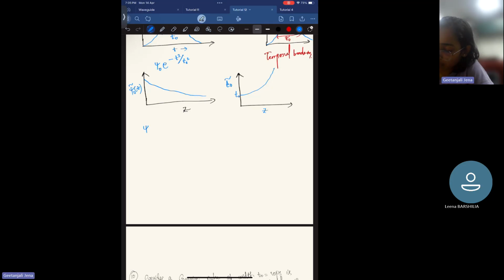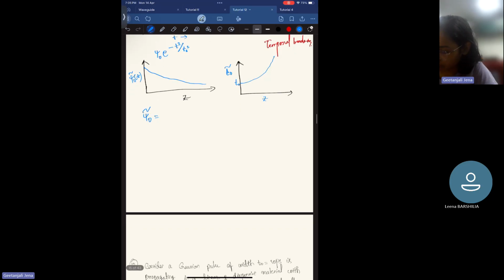This has been derived in week 4, so please revisit the expression. I will directly write down the final expression.